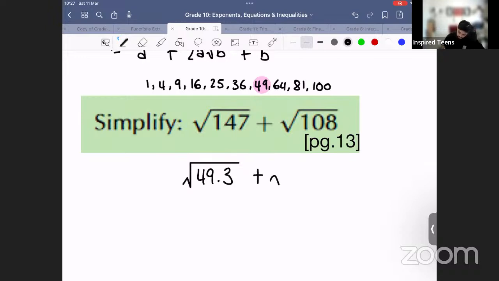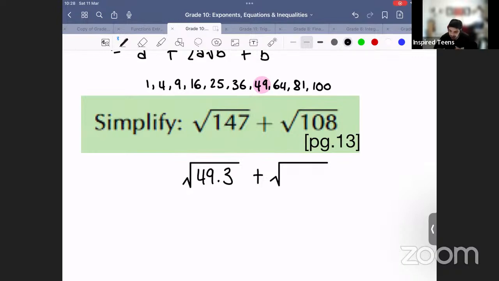What about 108? How can I write 108 with a factor that's a perfect square? Or rather, what's the biggest perfect square factor of 108? 36 times 3.